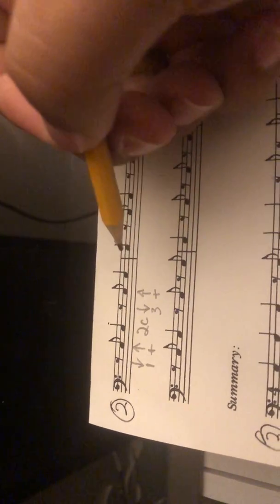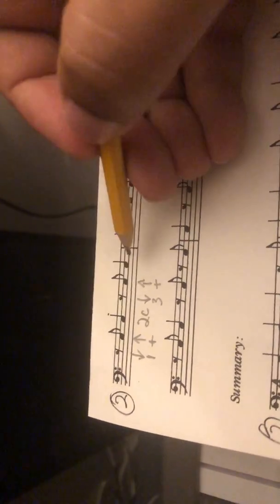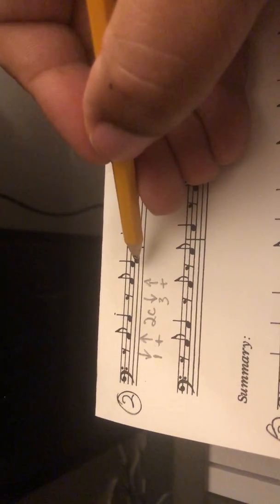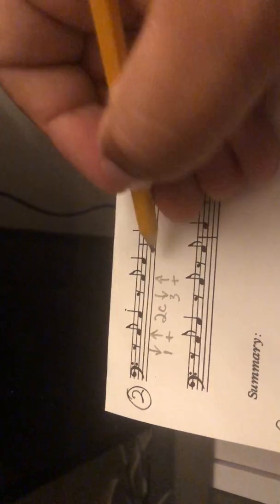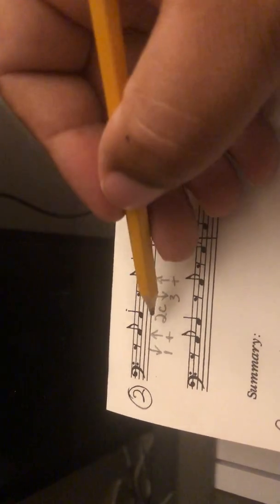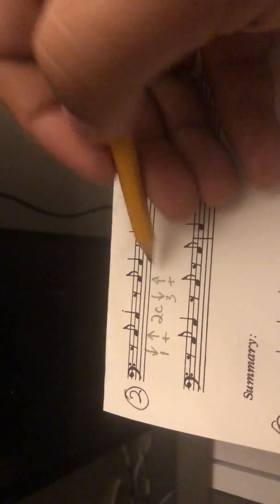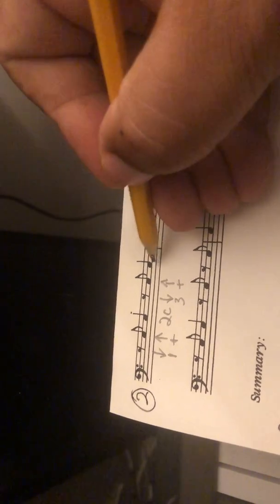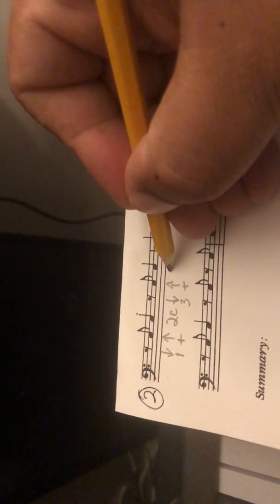See how that works? Now this is also followed by another quarter note. All of 1 is taken, all of 2 is taken, all of 3 is taken, and that leaves what? 4.